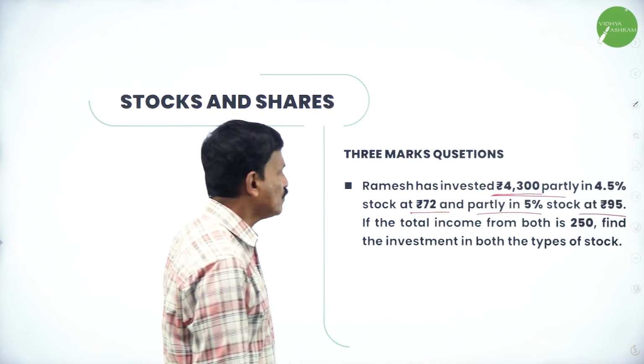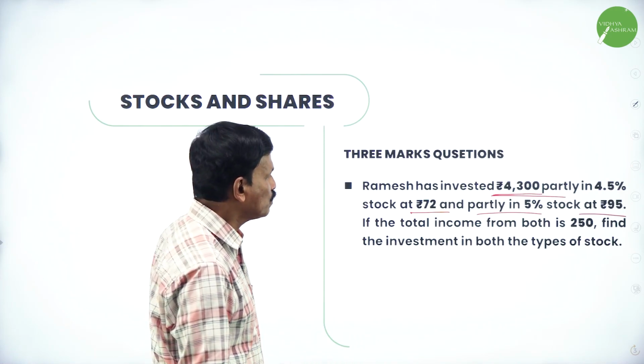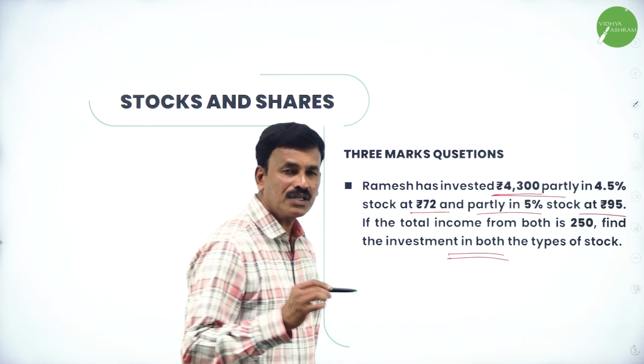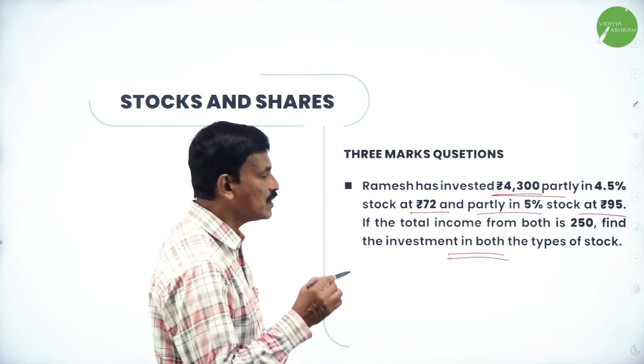If the total income from both is 250 rupees, find the investment in both types of stocks. So, we have to find out the investment in both types of stocks.